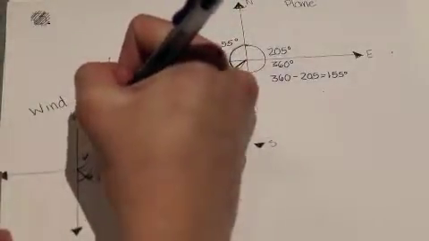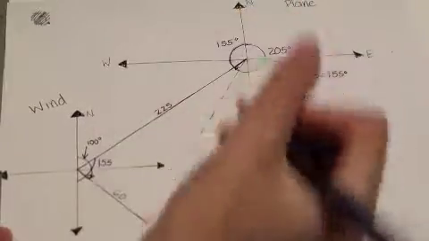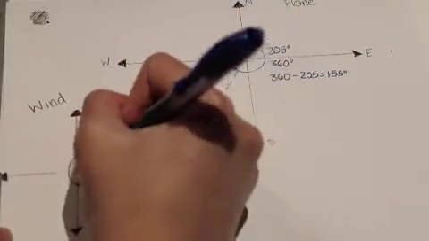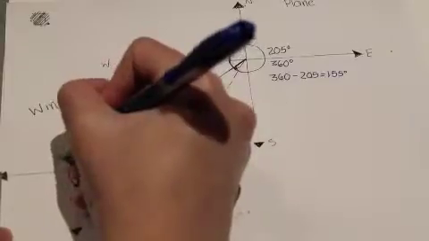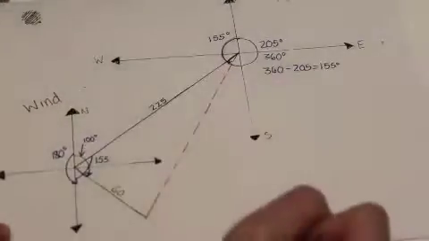Now, we know the bearing of the wind is 100 degrees. And we know that this is a straight line, so we know that it is 180 degrees. Now, if we subtract 100 from 180, we get 80 degrees.